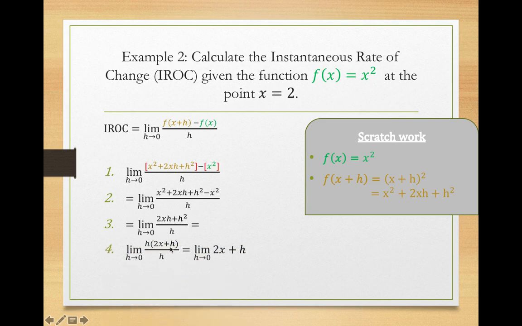Notice how I did that right here. I pulled out an h from the top expression. And remember, this is kind of like backwards distribution. We call this method factoring out the h, by the way. But once you've pulled out the h right here, what you can do is you cancel out the h's, and then you're just left over with 2x plus h, and we still have to bring our limit expression.